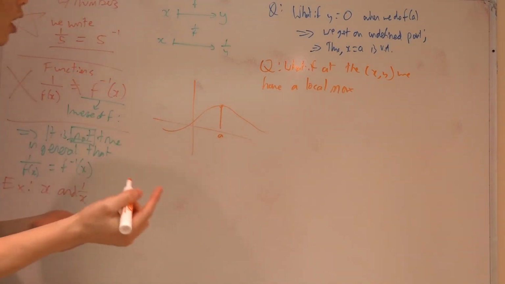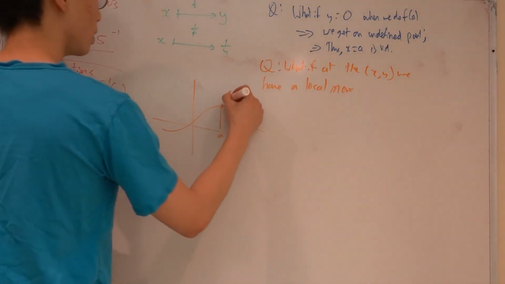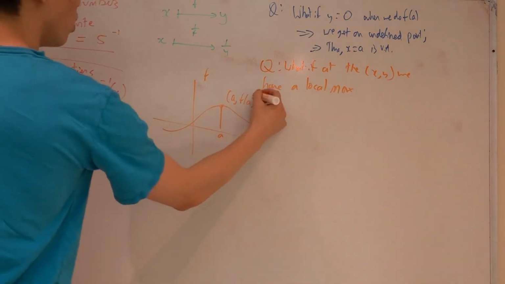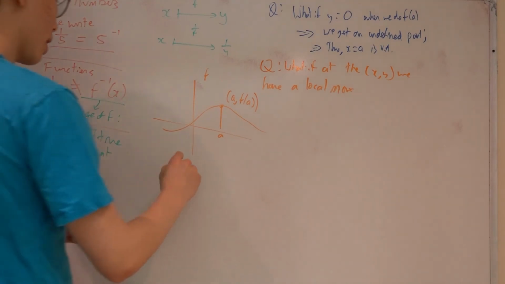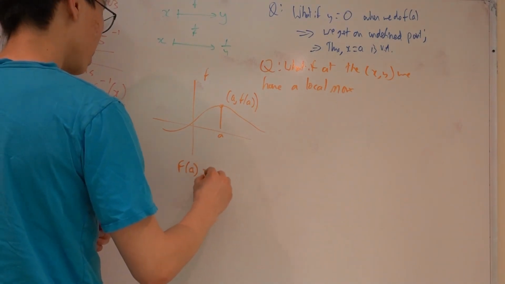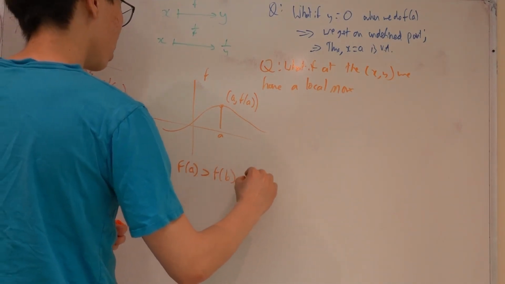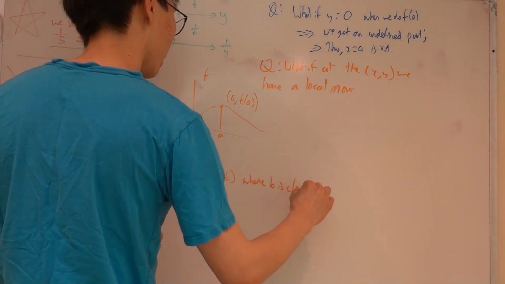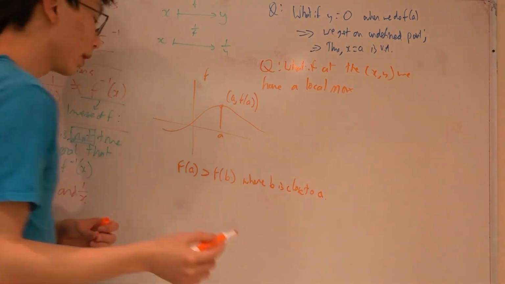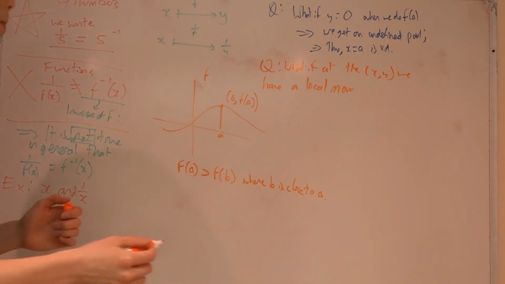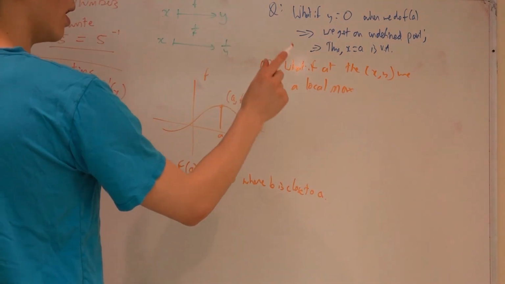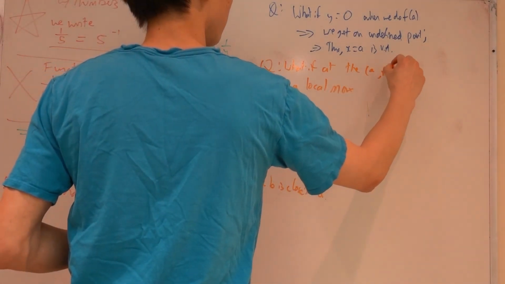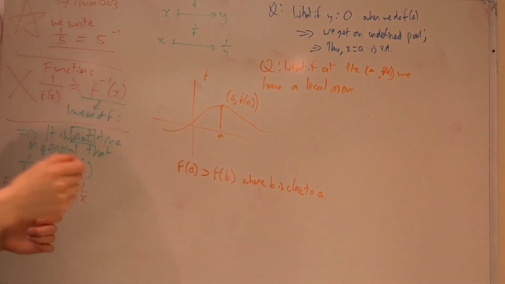Remember, the definition of a local maximum, this is the point a, f of a, and this is the graph of f. A local max means that f of a is greater than f of b, where b is close to a. Okay? So what happens at the point, let's call it a, f of a? We have a local maximum.